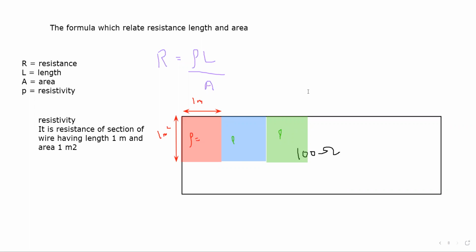So resistivity of a material is constant. Resistance depends on the length and the area, but resistivity is always constant because it is the resistance of wire having a length of 1 meter and area 1 meter square. Is the concept of resistivity clear? Any doubt in this part?